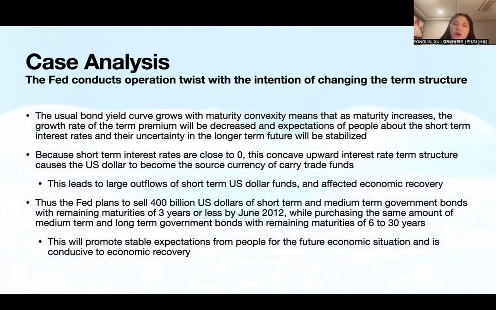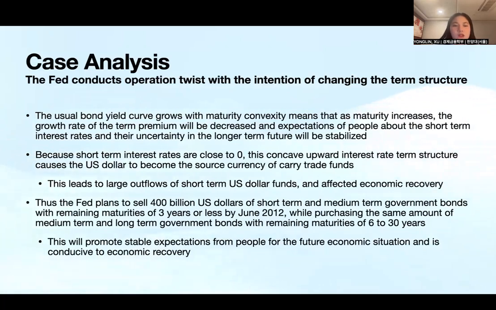the economic recovery. And then the Fed planned to sell 400 billion U.S. dollars of short-term and medium-term government bonds with remaining maturities of 3 years or less by June 2012, while purchasing the same amount of medium-term and long-term government bonds with remaining maturities of 6 to 30 years.